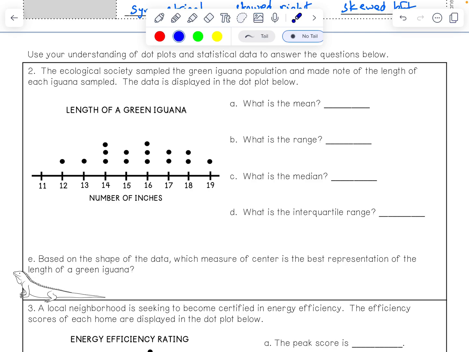So what's the mean? To find the mean, you have to add up all the numbers, which is going to be a lot. So I'm going to write it down here.